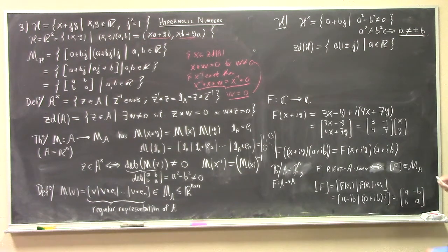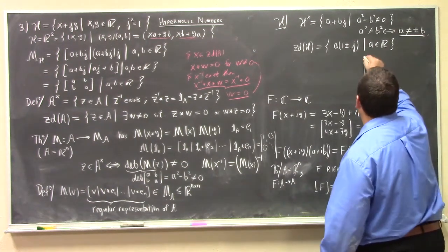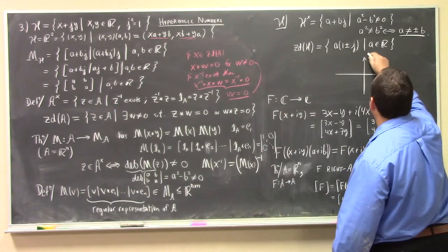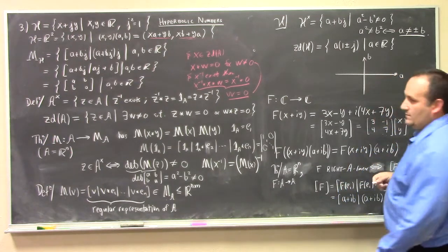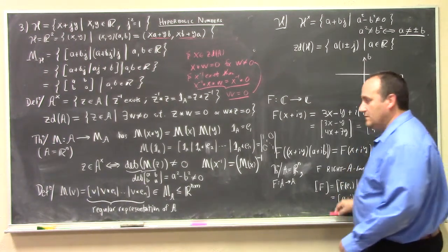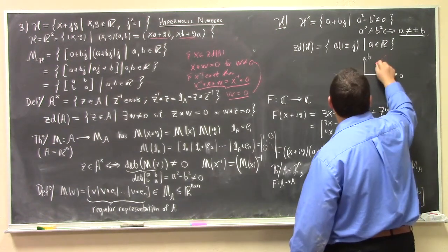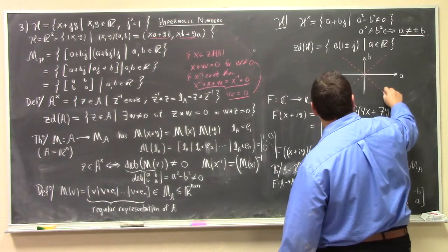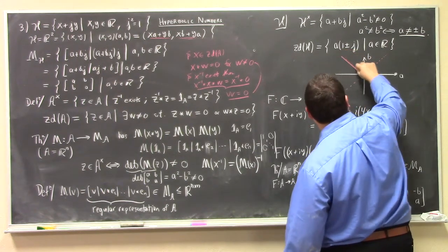So in fact, we can draw a picture. Here's A, here's B, right? Where are the 0 divisors? Well, 0 divisors are here and there. So there you go.